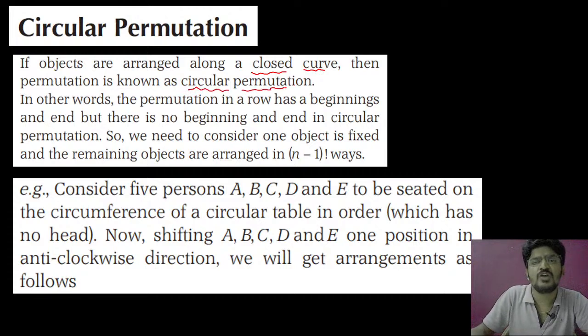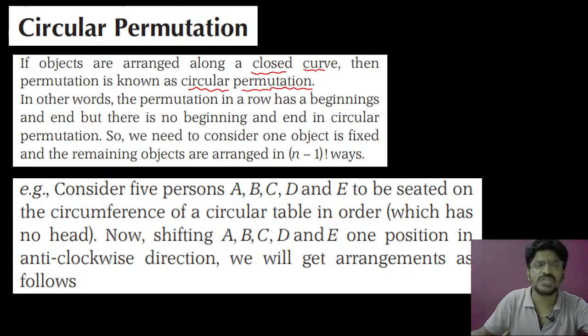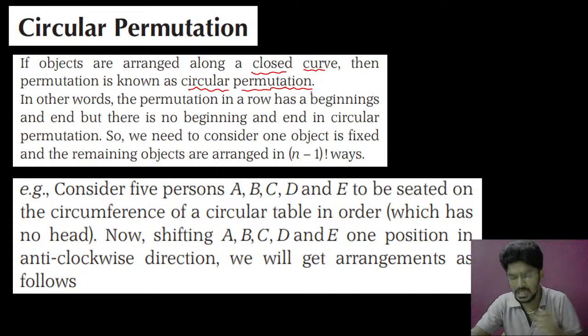Okay, if the objects are arranged in a curve, or in a circular shape, we call it a circular permutation. In other words, the permutation in a row has a beginning and an end, but here in circular permutation there will be no beginning as well as no end. Okay, so we need to consider one object fixed and the remaining objects are arranged in n minus 1 factorial ways.